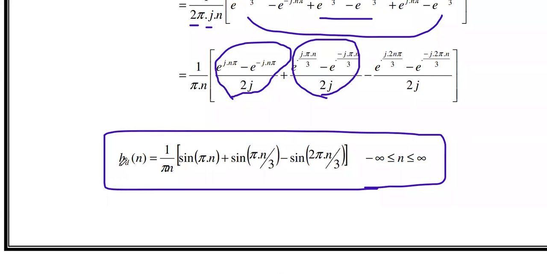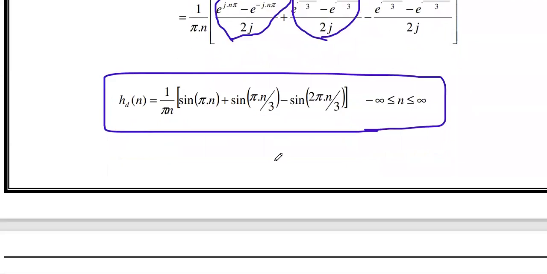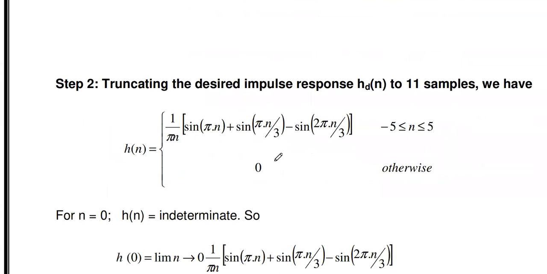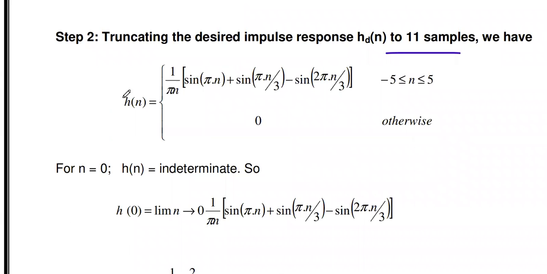Here the impulse response has infinite values, but our aim is to design the FIR filter for capital N equal to only 11 samples. So what is the next step? We have to truncate the desired impulse response to only the center 11 samples. So h of n is equal to hd of n for n between minus (N minus 1) by 2 and (N minus 1) by 2.